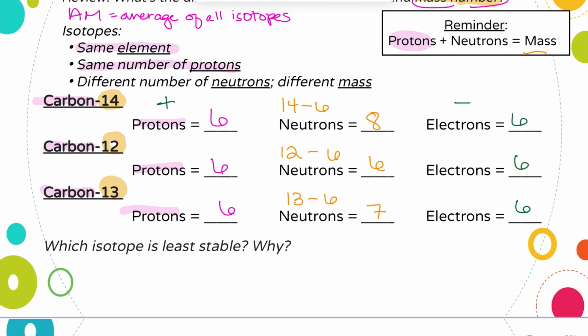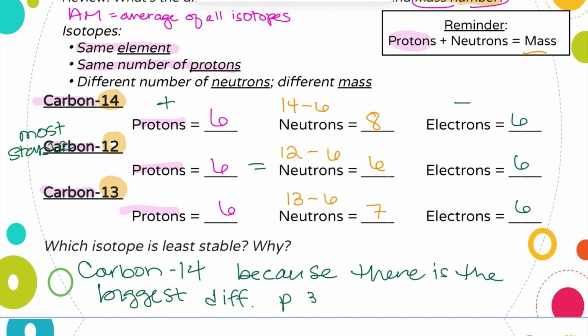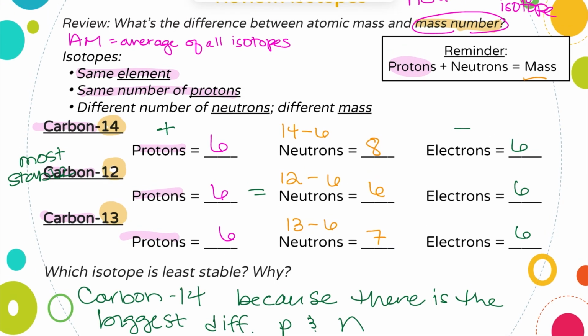I would say that carbon-12 is the most stable because we have that equal number of protons and neutrons. Carbon-14 has the biggest difference in the protons and neutrons. And so carbon-14 is what is used in carbon dating because carbon-14 is the least stable of those carbon isotopes.